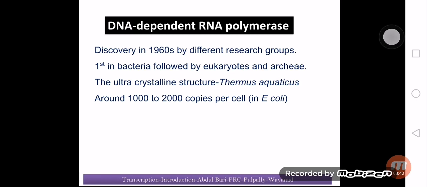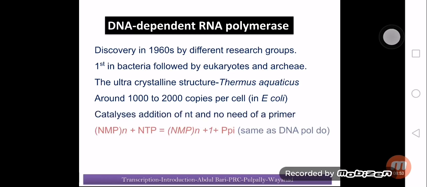In an E. coli cell or in any other system, you can see a number of such enzymes usually present in the cytoplasm, right? We have already seen many differences between prokaryotes and eukaryotes, and one of the most important differences of RNA polymerase from a similar enzyme, DNA polymerase, which is involved in replication, is that this enzyme does not require a primer.